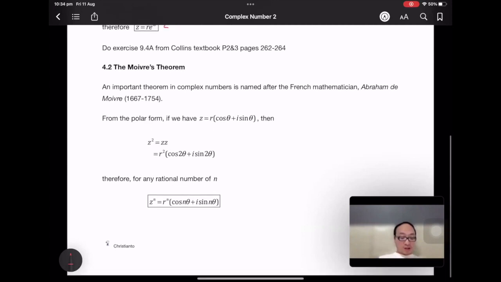So let's see, we have the complex number z equals r (cos theta plus i sin theta). If we have z squared, it's z times z.